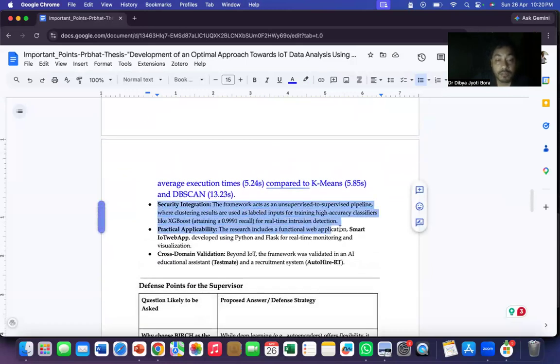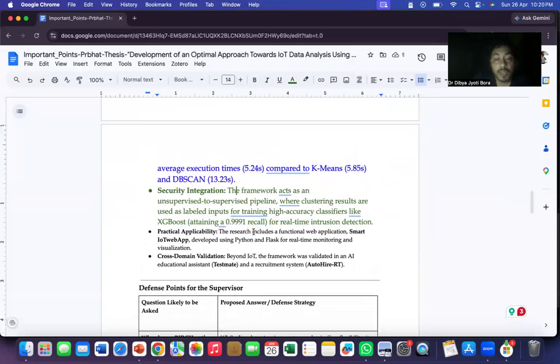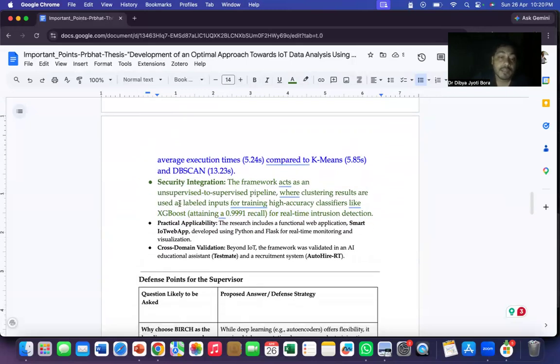Then security integration. This framework acts as an unsupervised-to-supervised pipeline where clustering results are used as label input for training high accuracy classifiers like XGBoost that attains 0.9991 recall. That is very good for real-time intrusion detection.